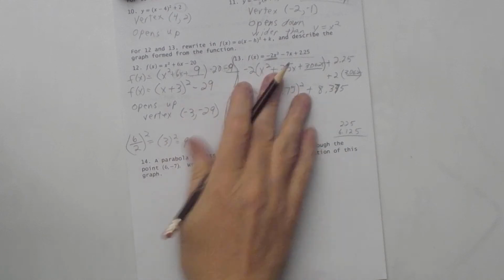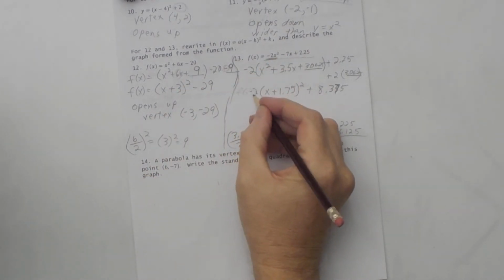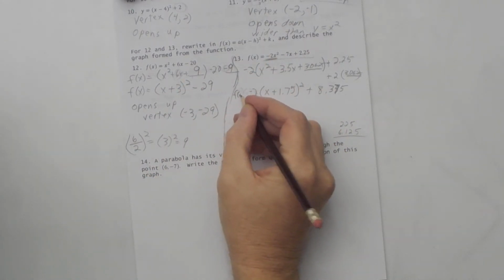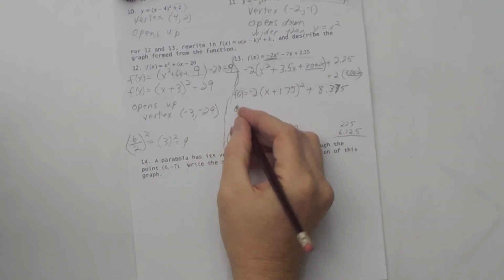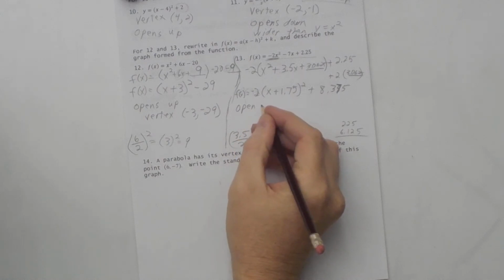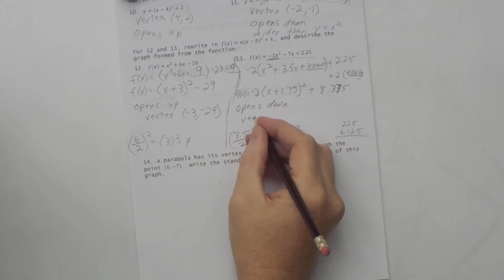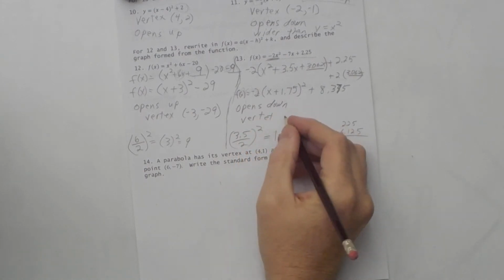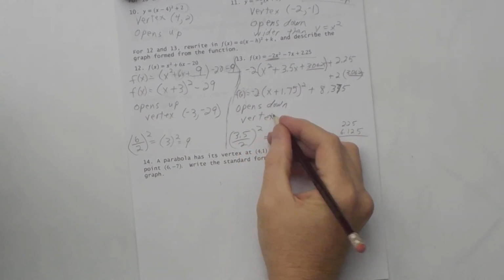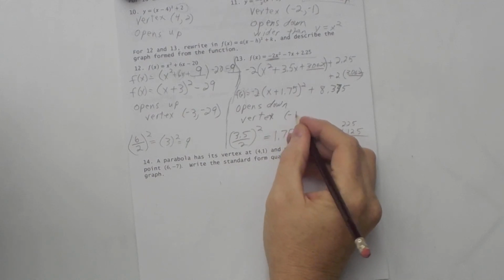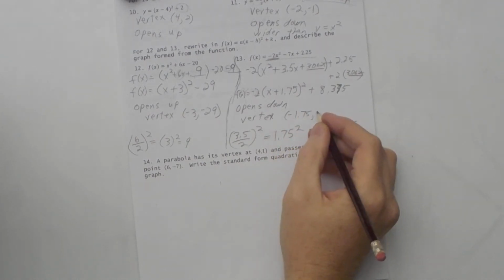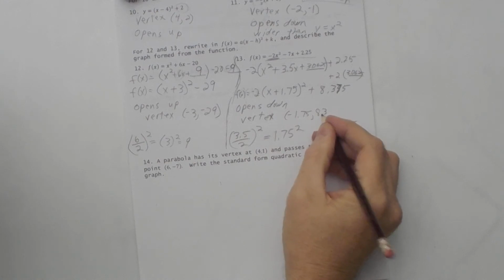That -2's got to come down. So the vertex, this one opens down because of the -2. Its vertex is at -1.75, 8.375. Okay, number 14.